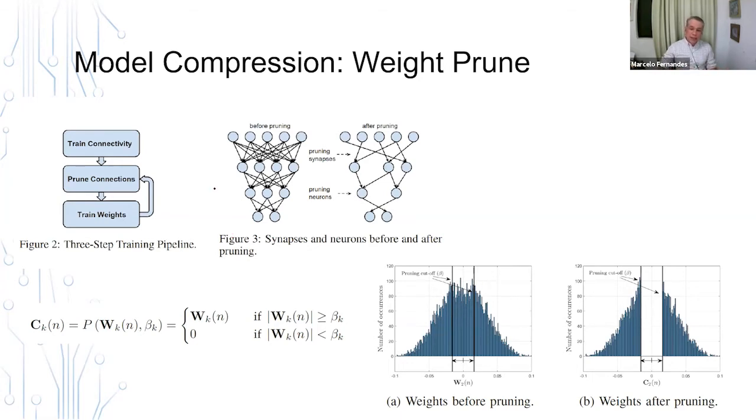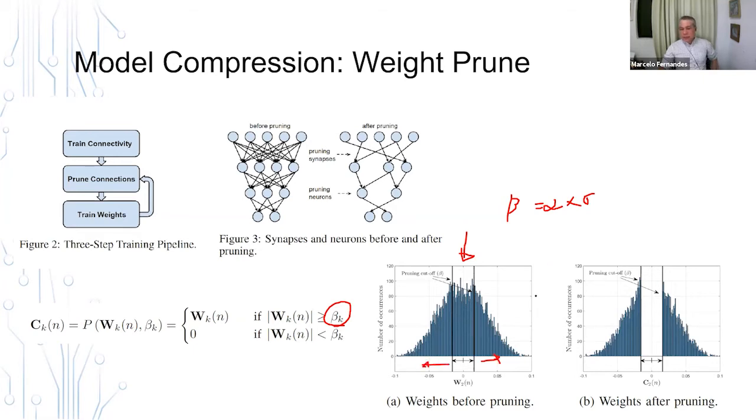In this case, I'm using a strategy where I calculate a pruning cutoff. The pruning cutoff is a parameter that I call beta, and it equals alpha times the standard deviation of the distribution.